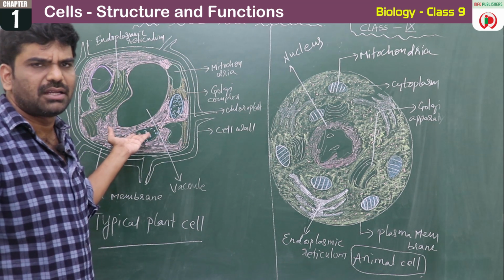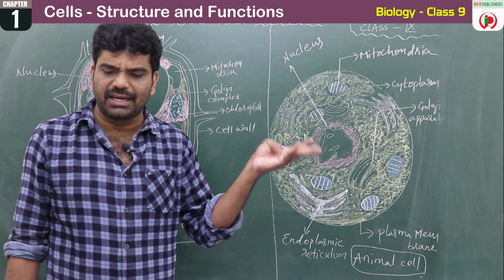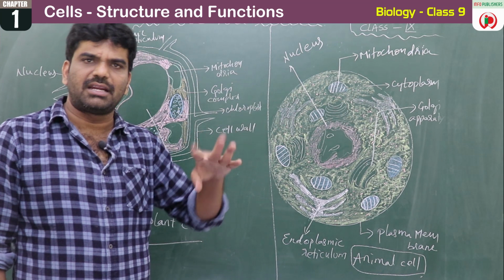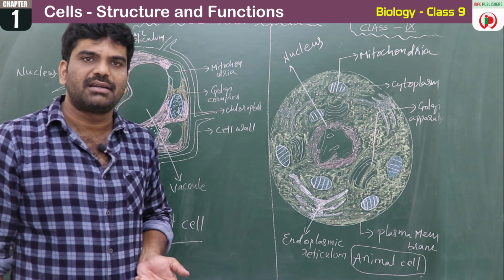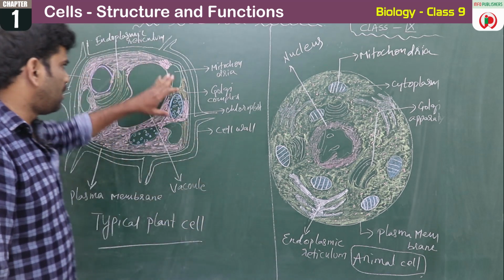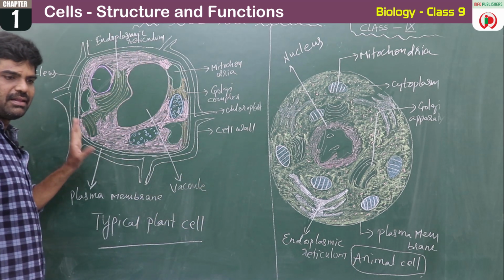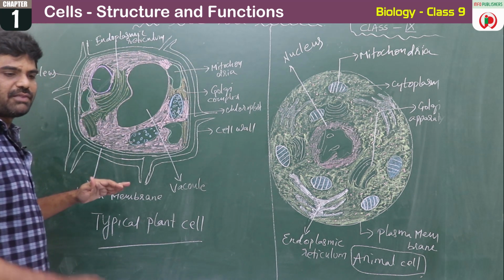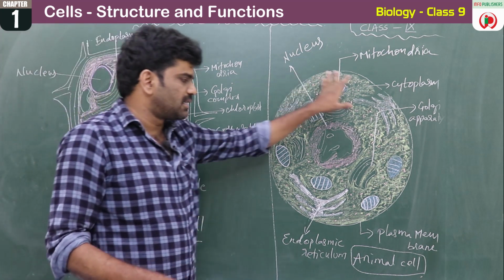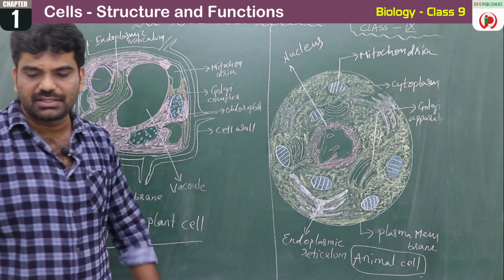For example, the chloroplast is present in green leaves, tender stems, etc. In the remaining parts, the chloroplast is absent. So all the parts in this diagram are the parts of the plant cell, and these are the parts of the animal cell.